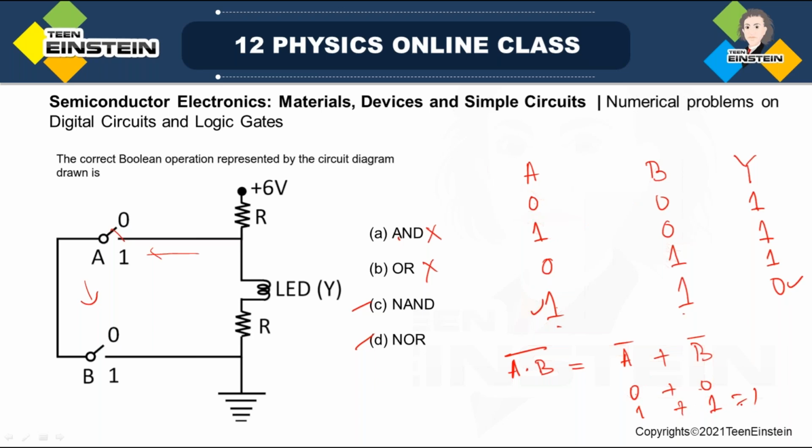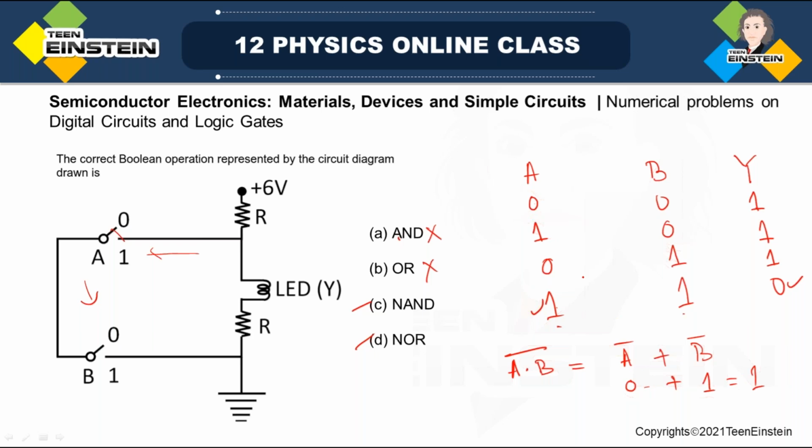That means you should get 1 output. Again, if I take 1 0, let us see what we get. 1 means, see, A is 1 means 0. Okay, and B is 0 means it is 1. This is OR operation, so you will get 1.